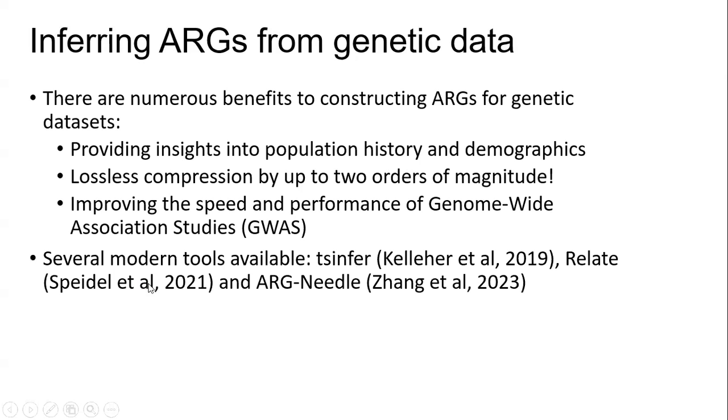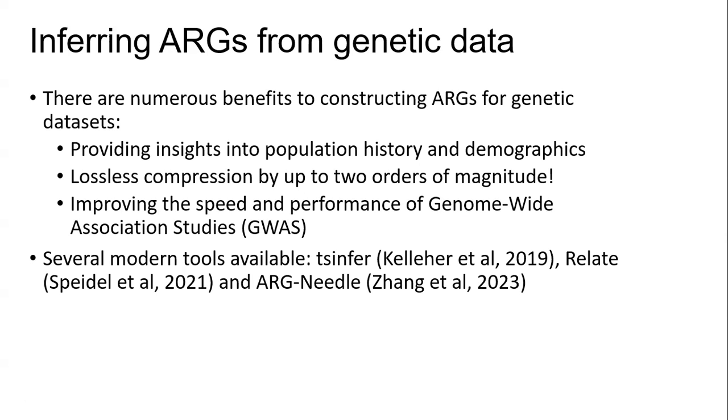Then these later tools, which were also developed in other groups at Oxford, have different specialities. Relate is quite a lot more accurate for the recent past, so it's used for human ancestry studies. And this tool called ARG-Needle is used for genome-wide association studies, which is basically a regression where the predictors are mutations and the response are phenotypes.